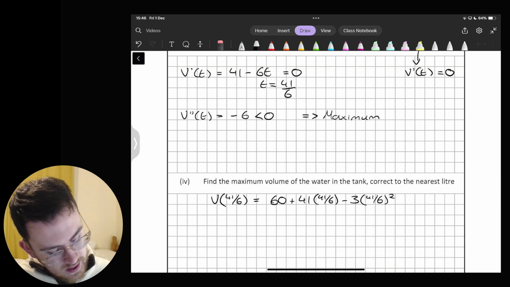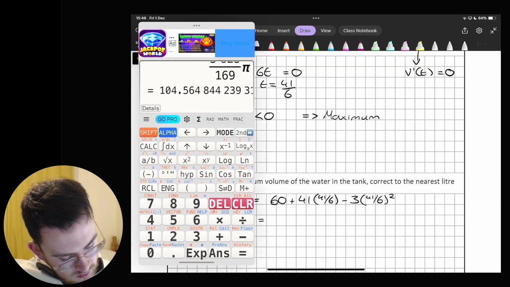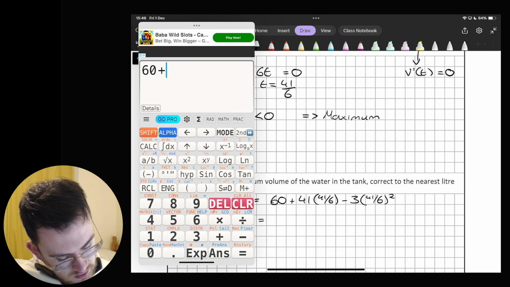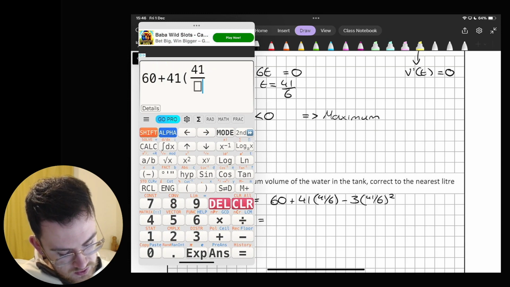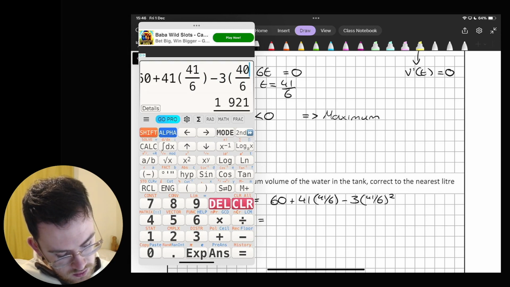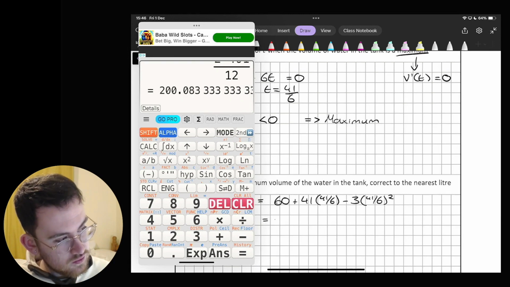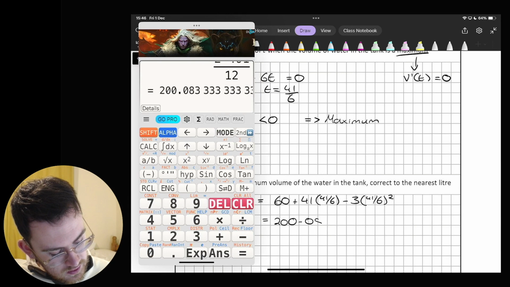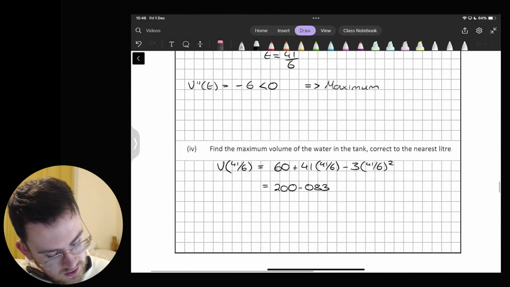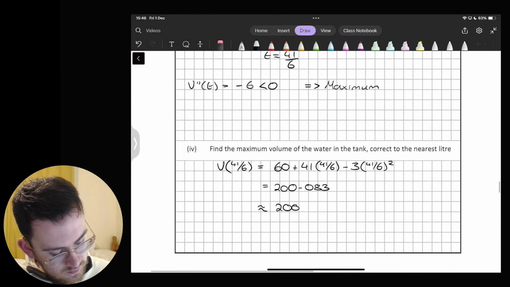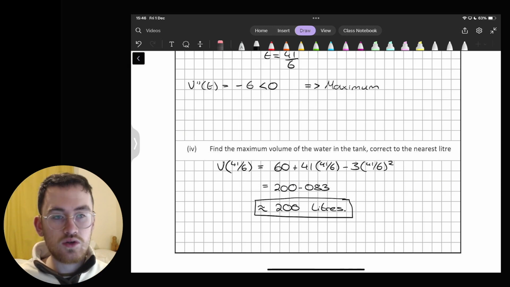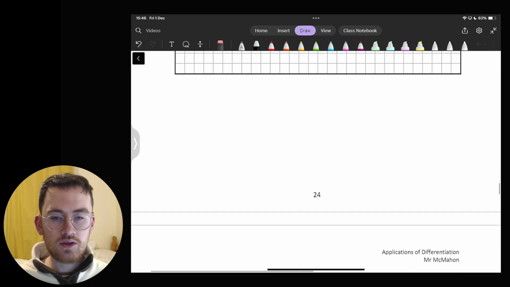Okay, and let's evaluate that, 41 by 41 over 6 minus 3 by 41 over 6 squared. It's going to give me an answer of 200.083, which to the nearest litre is going to be 200 litres. So the maximum volume of water is 200 litres, okay?